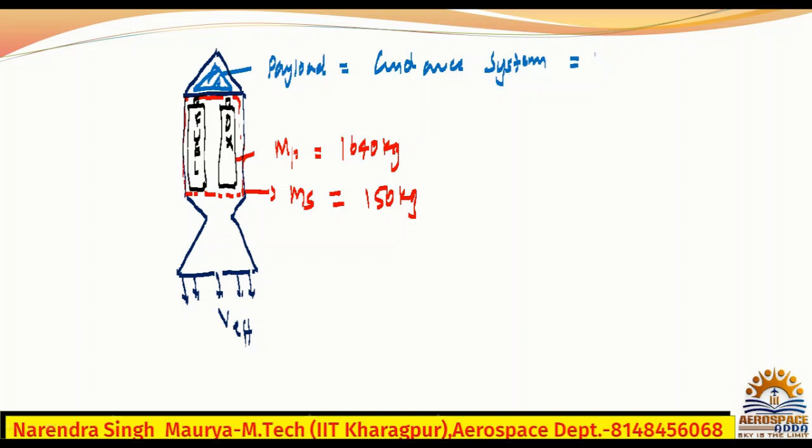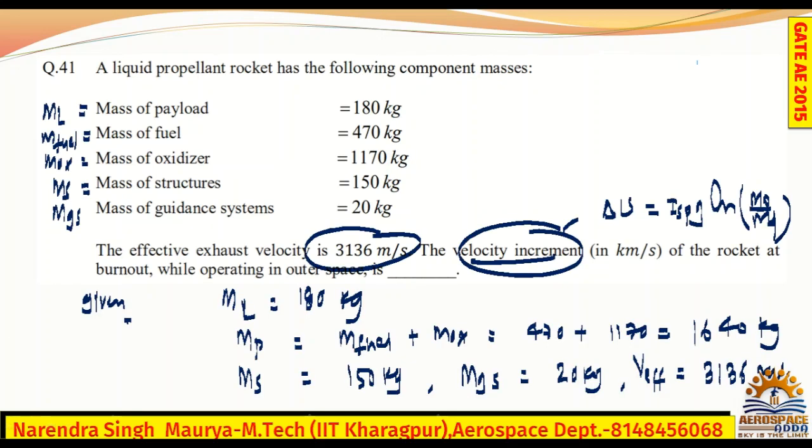How much have they given for the mass of the guidance system? This will be denoted by ML. ML means payload. That comes under mass of guidance system and mass of payload. They have given them separately, but whatever the guidance system and communication system there will be, that will be part of the rocket, and you have to consider it in this box.